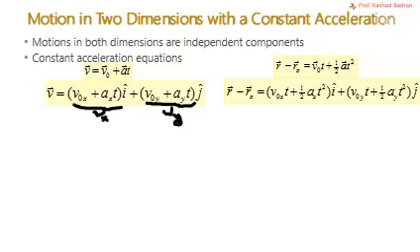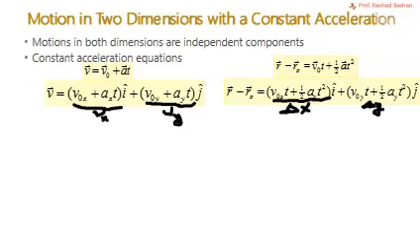As you write, delta r equals delta x i hat plus delta y j hat, where delta x in one dimension, displacement along the x-axis, has this relation when you have a uniform motion with a constant acceleration along the x-axis.